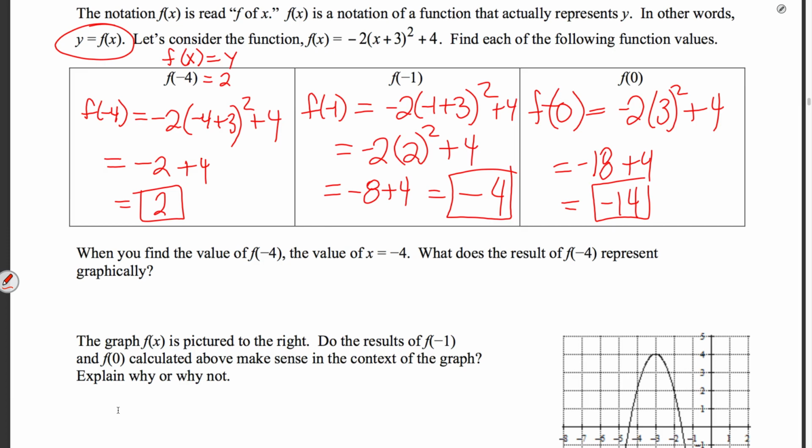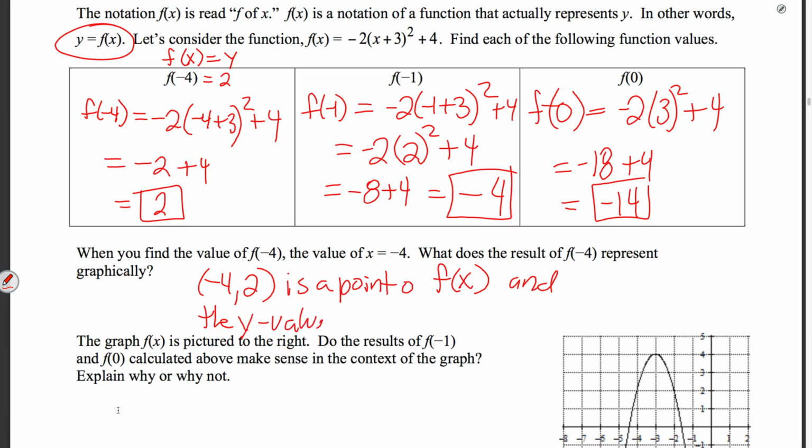But yeah, the point negative 4, comma 2 is a point on f of x. And the y value, it's almost redundant to say this, is 2, right? It's already written there.